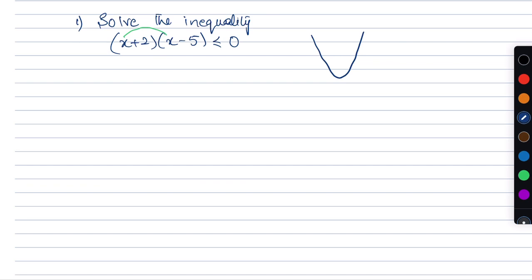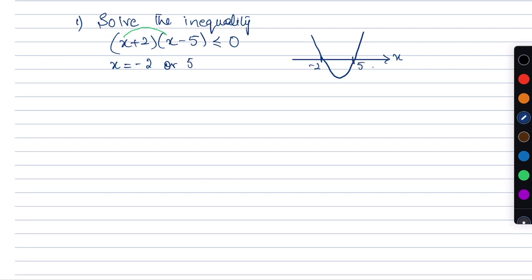The next thing is that this expression is already factorized, so the two x-intercepts are negative 2 and 5. So I can have the x-axis with the two roots as negative 2 and 5.